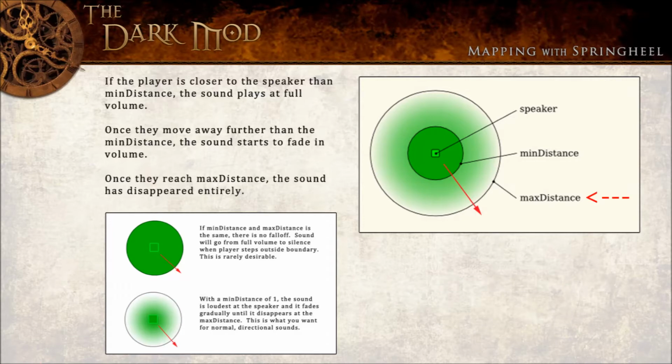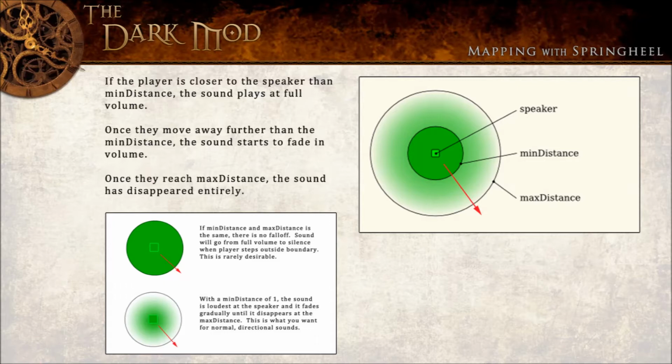Max distance determines how far away the player gets before the sound disappears entirely. There's also a value called min distance, and that determines how far away the player gets from the speaker before the sound starts to fall off. If the player is within the min distance range, then the volume is consistent.